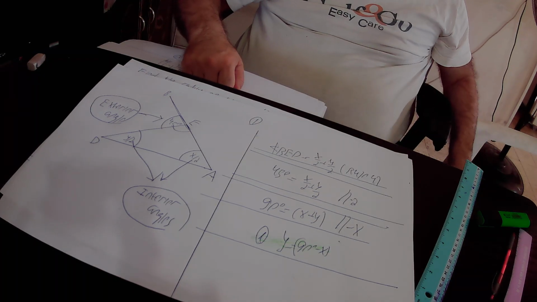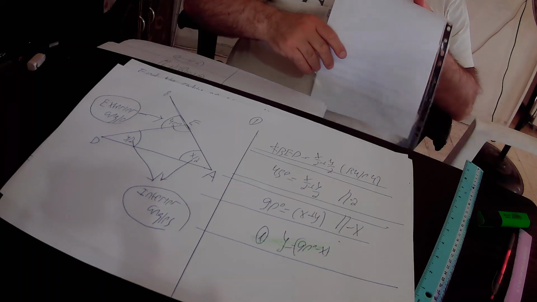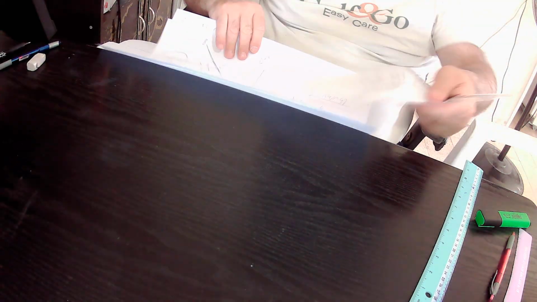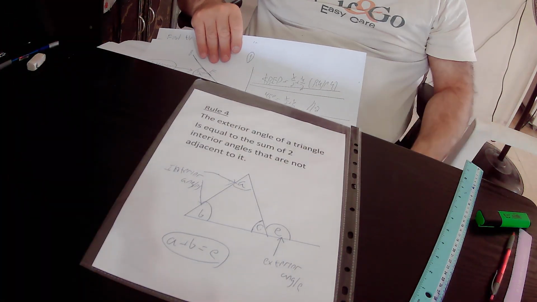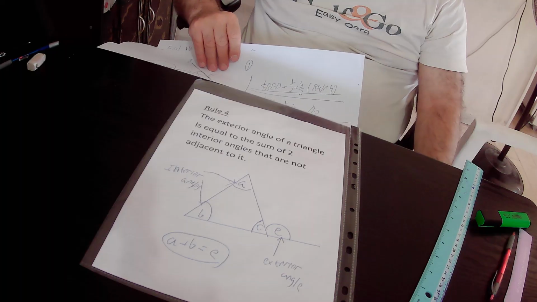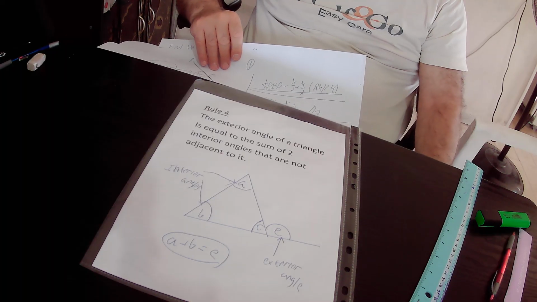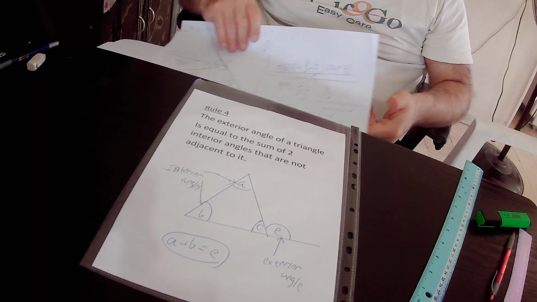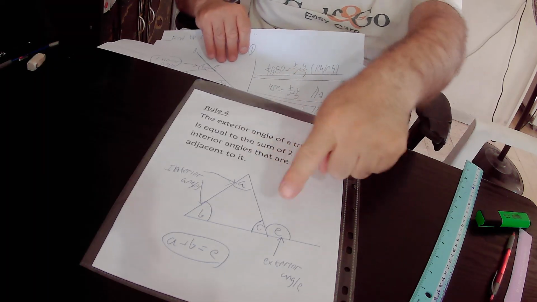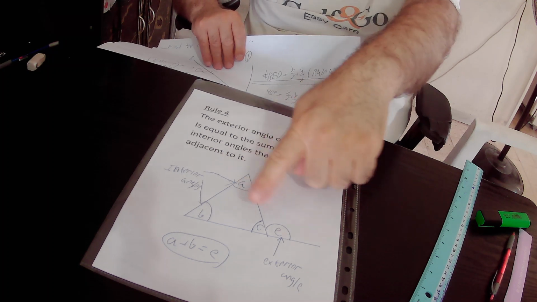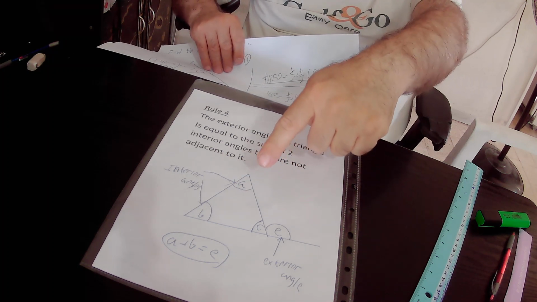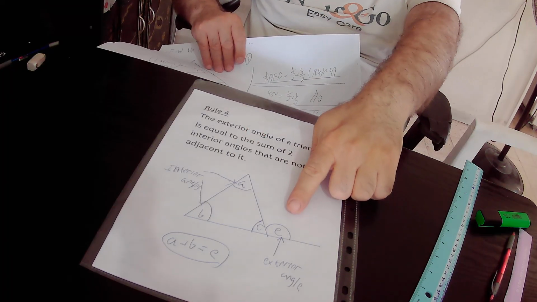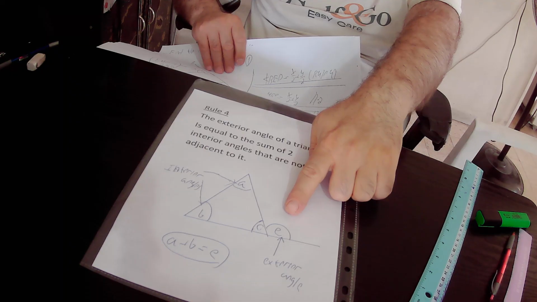So, okay, in the next step I presented to you rule 4, and we implemented rule 4 in this triangle EDA. According to rule 4, the external angle of a triangle is equal to the sum of the two interior angles that are not adjacent to it. So, in the drawing, we have a triangle. Inside this triangle, we have three angles, A, B, and C. All those three angles, A, B, and C, are defined as the interior angles of this triangle, while this is angle E that is located outside this triangle.